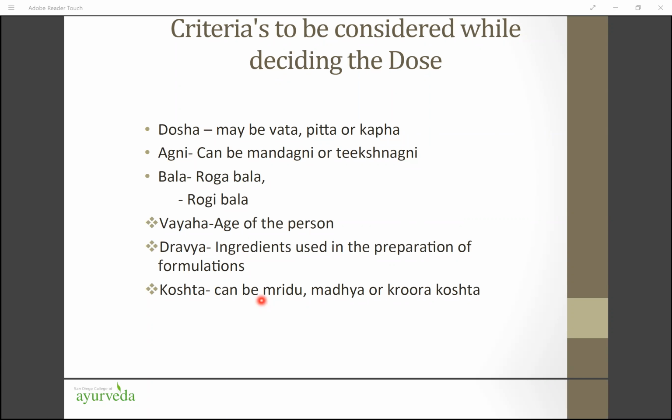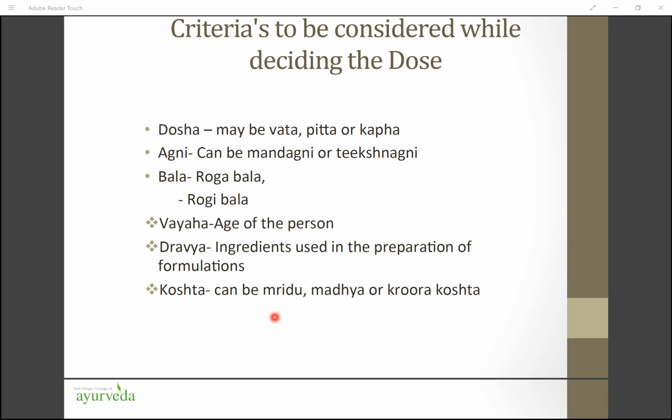The Koshta comes directly into play when you're trying to give someone a purgative, or you want to do a panchakarma on a person, and you want to administer Vasti, or Virechanam, or even Vamanam for that matter. Based on the Koshta, you need to decide what medicine to give to induce the Panchakarma, to induce the purgation, to induce the Vamana and so on.